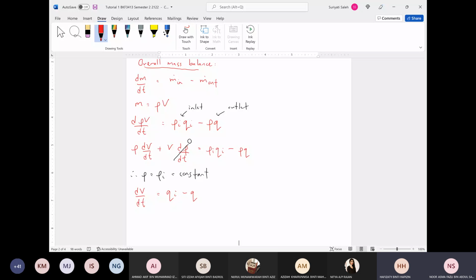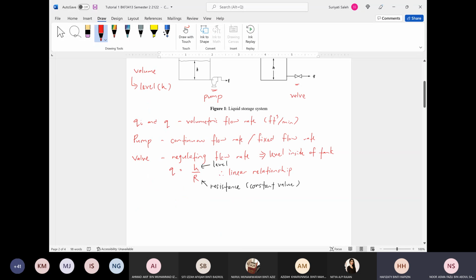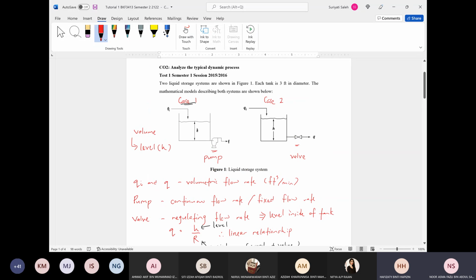If we refer back to the diagram, you can see the volume is represented by the level. That's why you have the H inside your tank. When H indicates the height or level, the overall mass balance in the form of volume needs to be extended to represent the level.